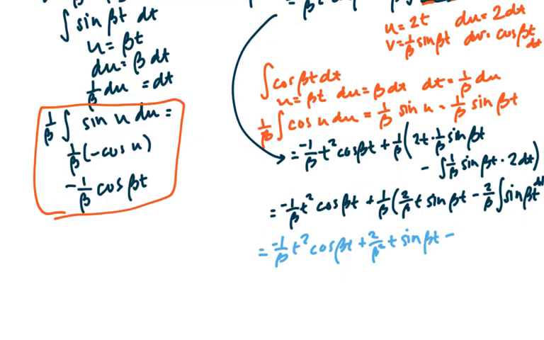Now I have minus 2 over beta, and I'm multiplying it by the box over here, negative 1 over beta. So this becomes plus 2 over beta squared times this beta to the third, and the integration becomes cosine of beta t plus c.